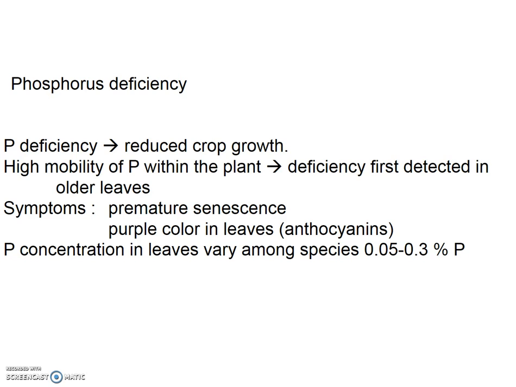The symptoms, apart from reduced growth, are premature senescence of older leaves and also the appearance of purple color in leaves due to accumulation of anthocyanins. The phosphorus concentration in leaves of crop plants varies largely among species, being between 0.05 and 0.3% over dry matter.